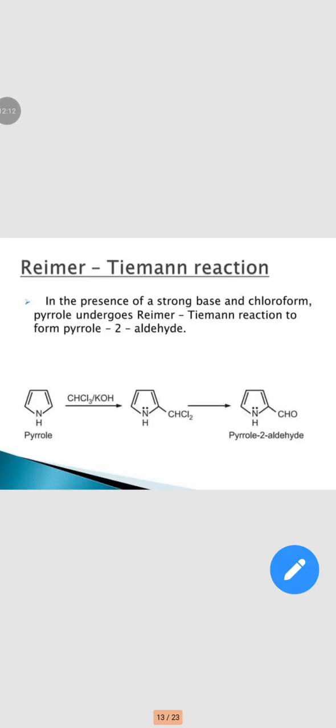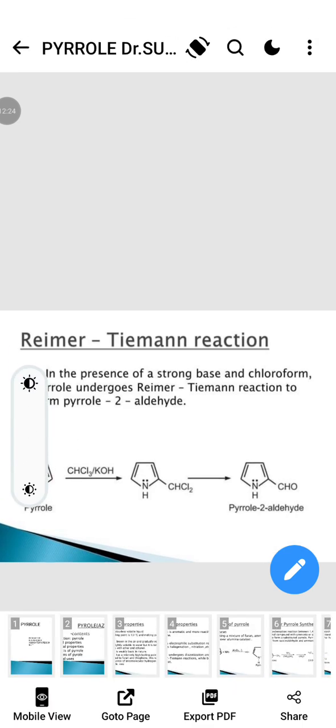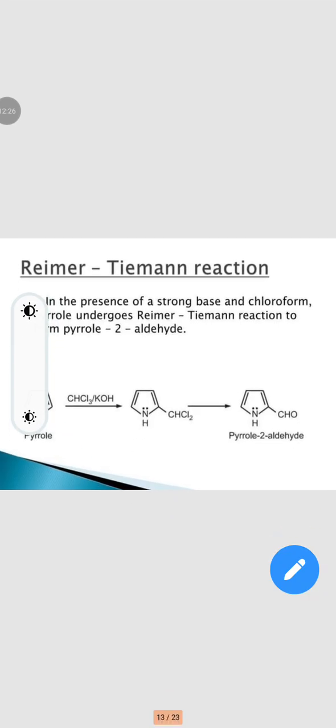Then the Reimer-Tiemann reaction. In the presence of a strong base and chloroform, pyrrole undergoes the Reimer-Tiemann reaction to form pyrrole 2-aldehyde. Pyrrole is reacted with chloroform, CHCl3, and KOH, potassium hydroxide, to form pyrrole 2-aldehyde.